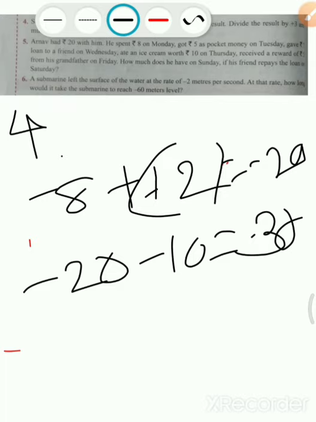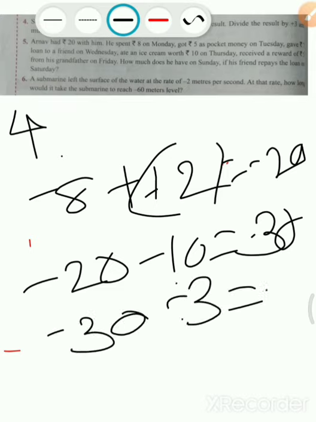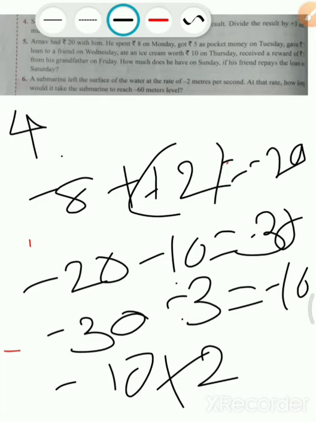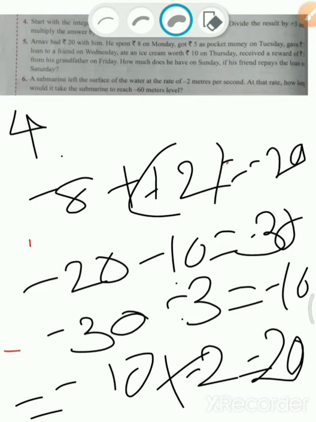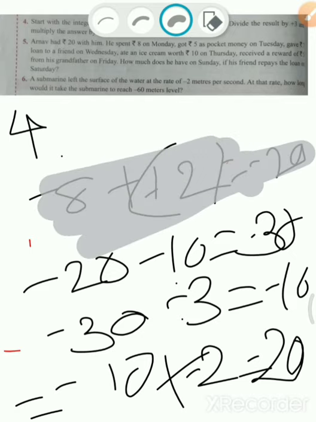That minus 30 will be divided by 3, it will come minus 10. Then that minus 10 will be multiplied by minus 2, and minus 2 into minus 10 is equal to plus 20. Clear? Okay, good. Hope you understood, students.